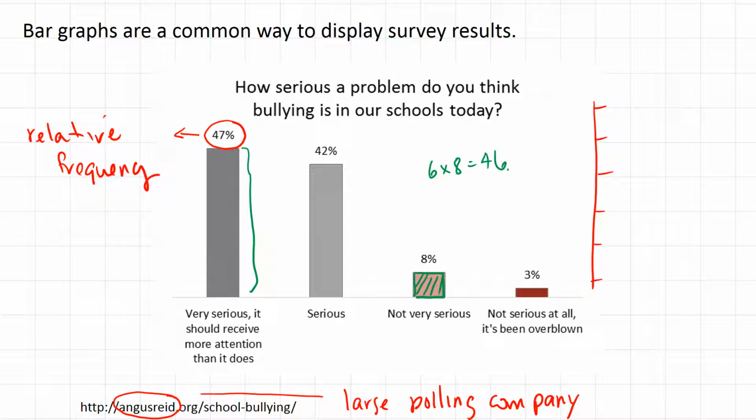That's pretty close to 47. So there should be 6 of them. If I draw a line like that, that's 1, 2, 3, 4, 5, 6. So yep, they have done a good job of using the appropriate scale for this one.